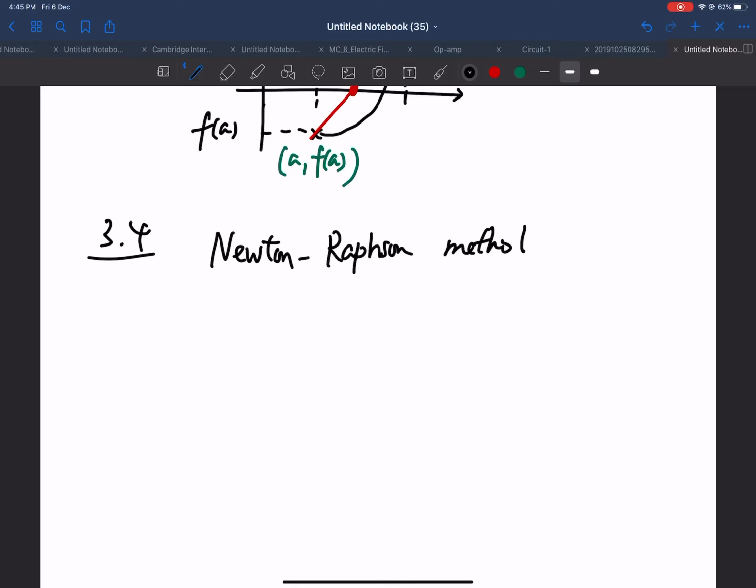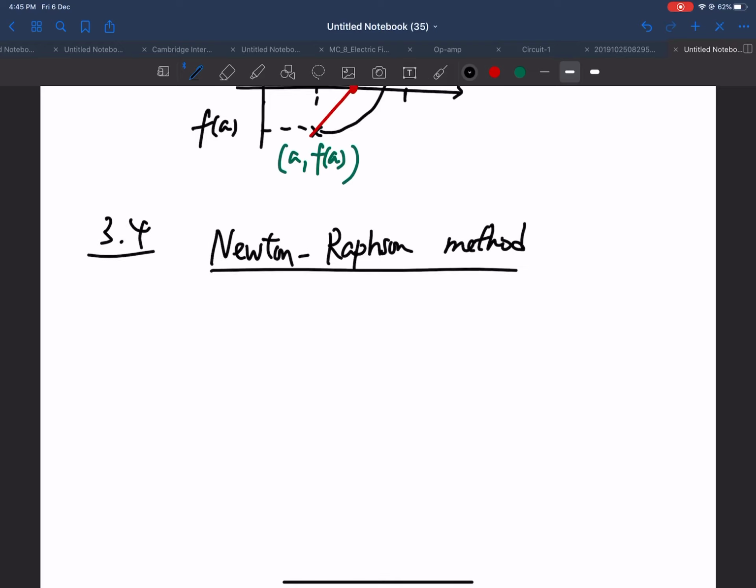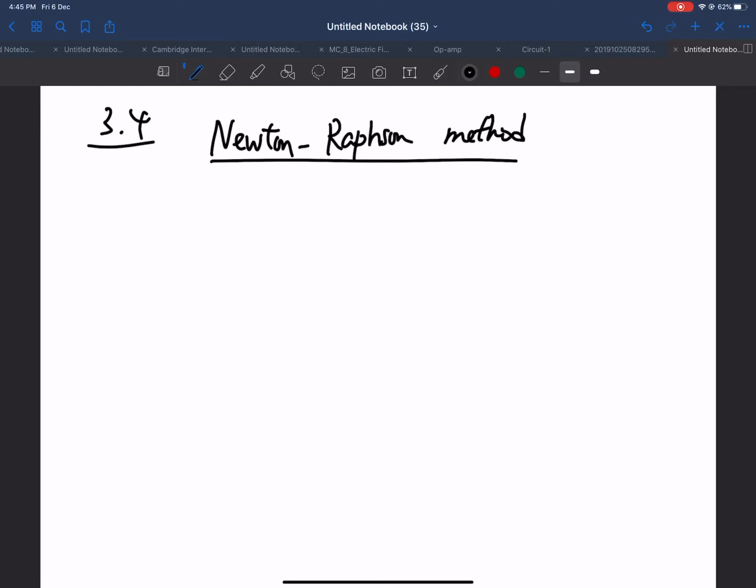And this method is a little bit related to the differentiation. You can see there's the differentiation here, f prime. So I just write down the formula here, and I'll explain it later on.